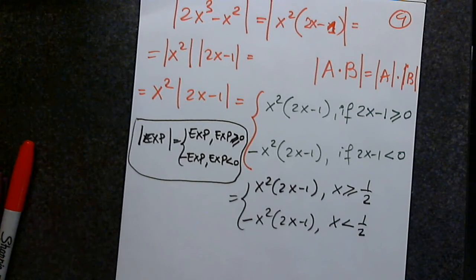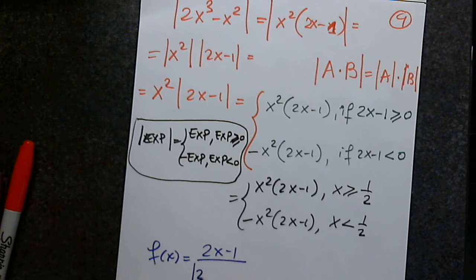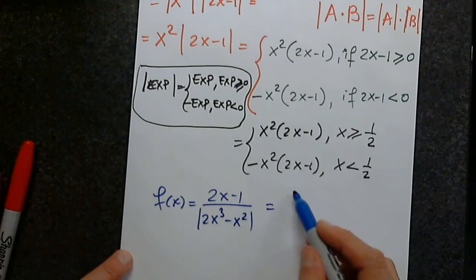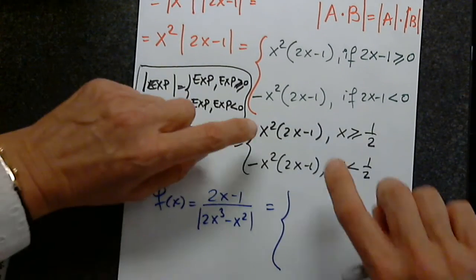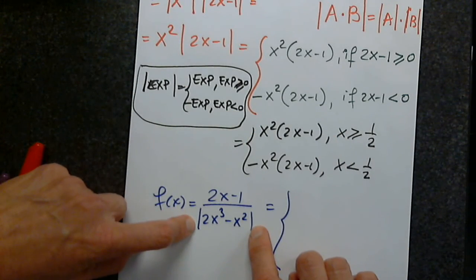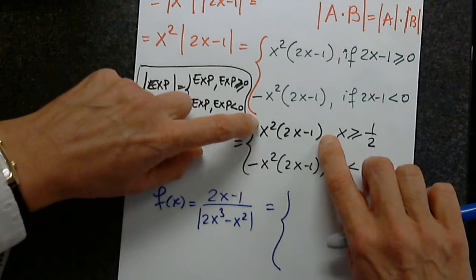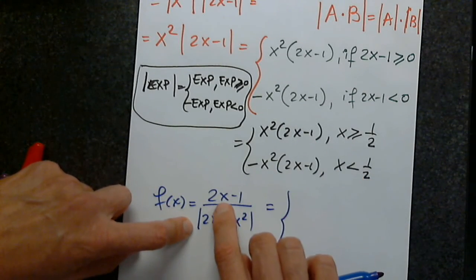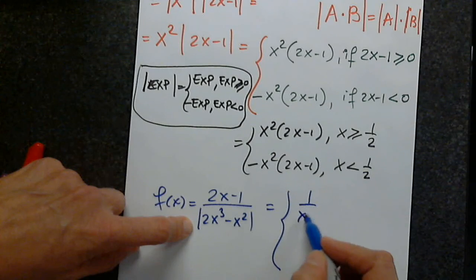After all this work, I'm finally ready to go back to the function. The function, which remember is 2x minus 1 over the absolute value of 2x cubed minus x squared, has two options. When the denominator is replaced by the first one, 2x minus 1 goes away with 2x minus 1, and I get 1 over x squared.